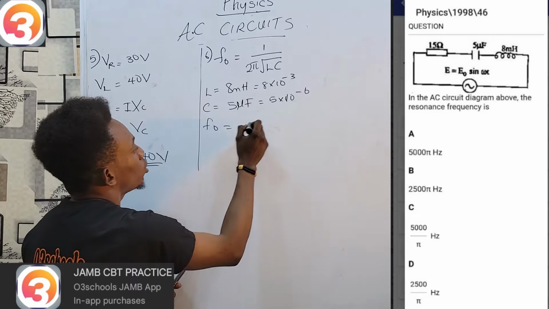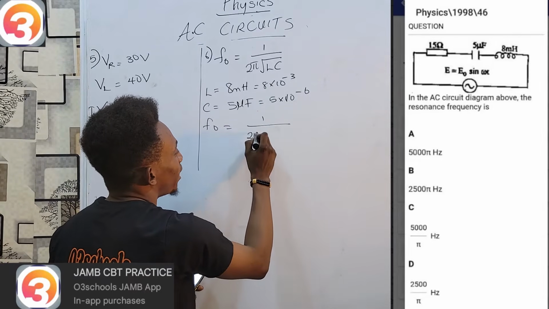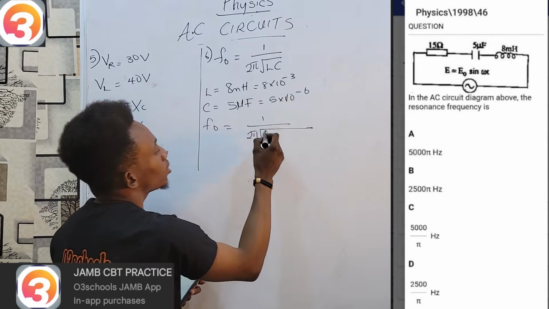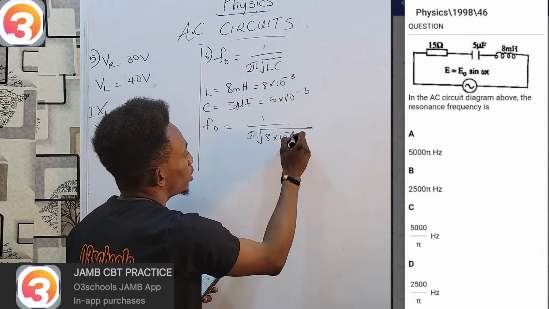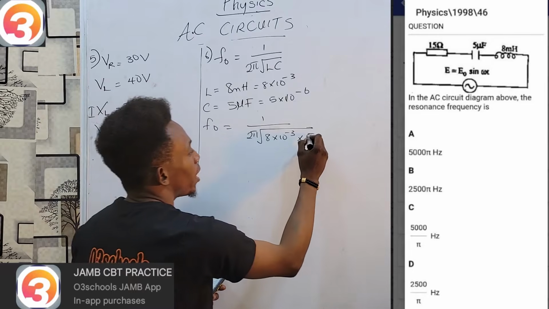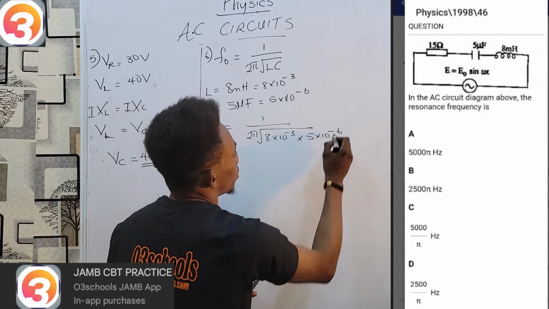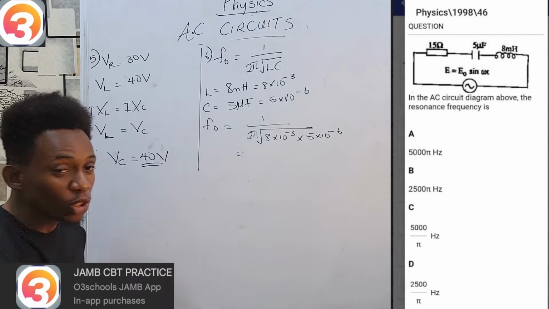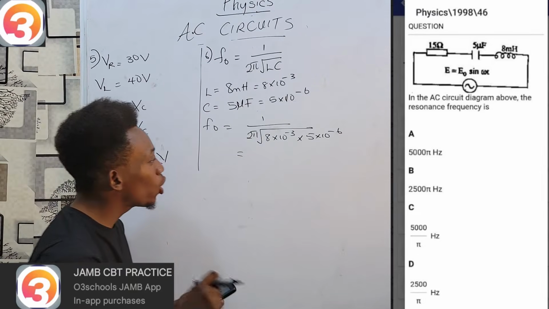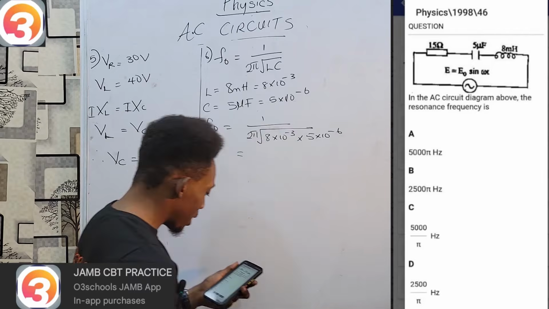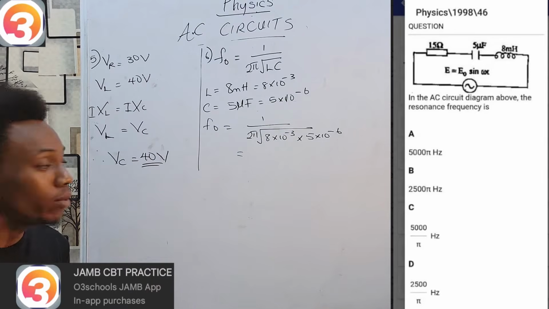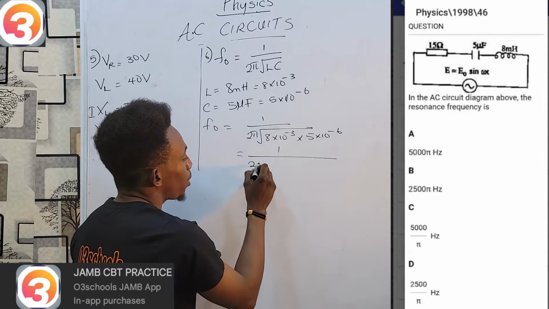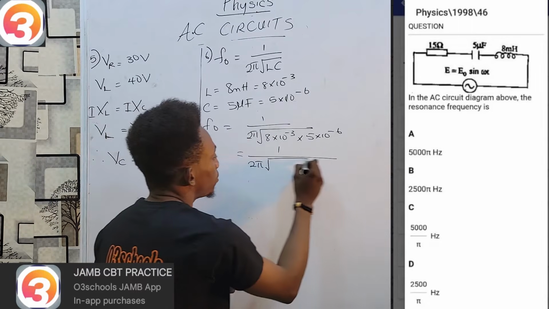Therefore, F naught equals 1 over 2 pi times the square root of L, which is 8 times 10 to the power minus 3, and C is 5 times 10 raised to the power minus 6. Again, looking at your options before you solve, you realize pi comes out in their option, implying that I don't have to put a value for pi. So I can proceed and say, okay, 1 over 2 pi square root of.